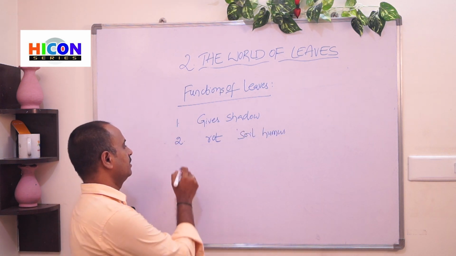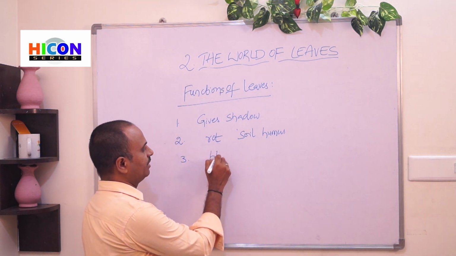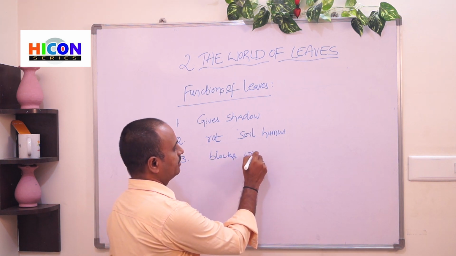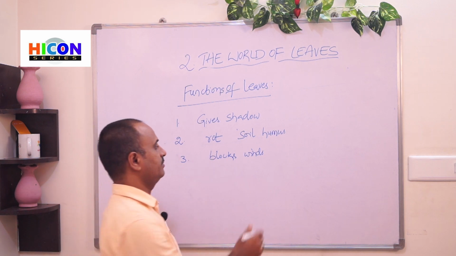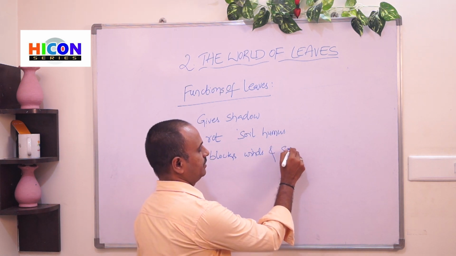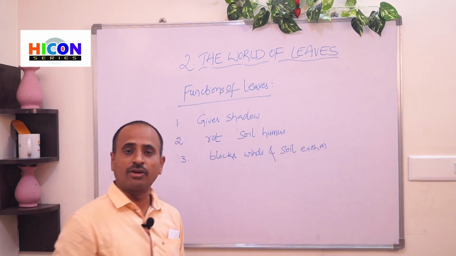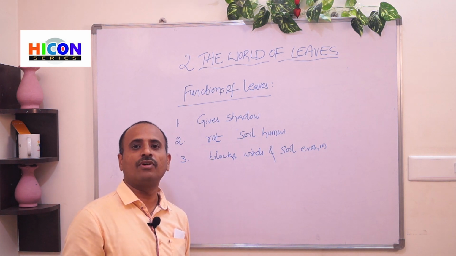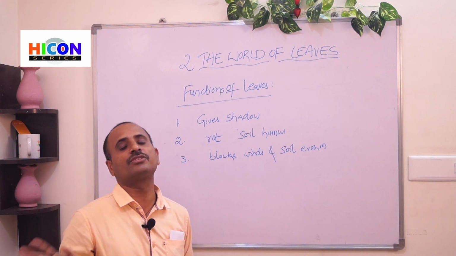And the next one is that leaves block the wind, and also protect the soil from soil erosion. During cyclone times, the water will flow on the ground and take away the humus soil present on the upper parts of the soil.